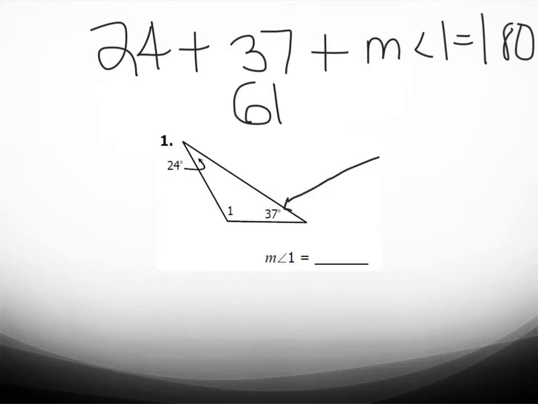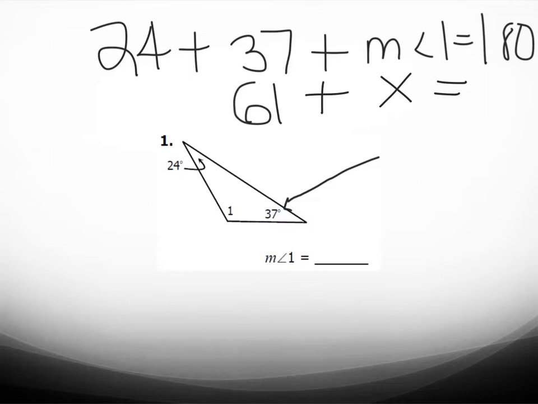So when we take a look at our first triangle, we see we have interior angles. So we write across the top 24 degrees, 37 degrees, and angle 1. Those three angles will come up to 180 degrees. So we're going to add our like terms, 24 and 37 equals 61, plus the measure of angle 1. We go ahead and change that to an x.